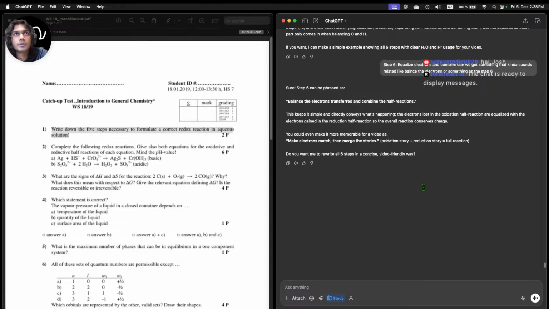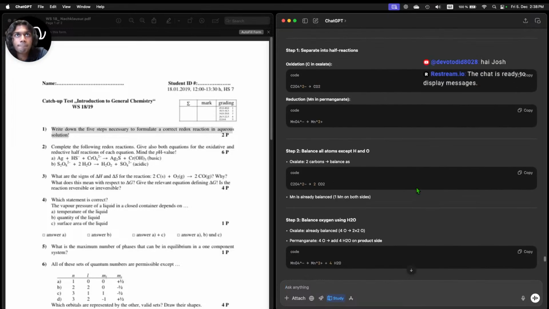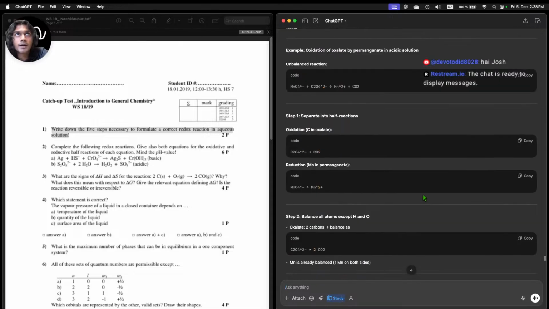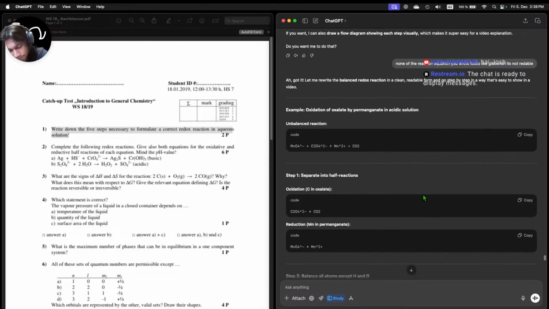What was the equation we got? Let's write it here. MnO4 minus plus C2O4 2 minus gives Mn2 plus CO2.